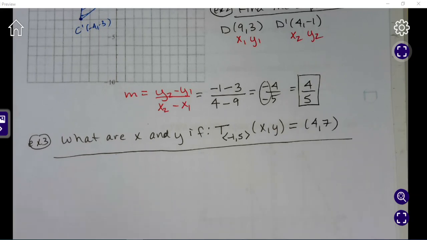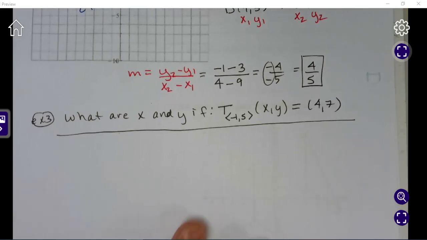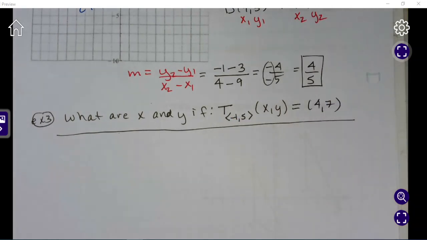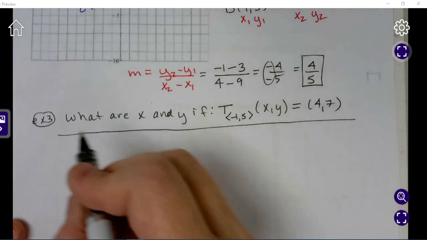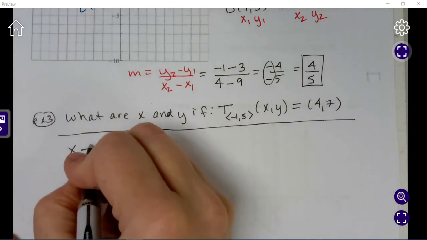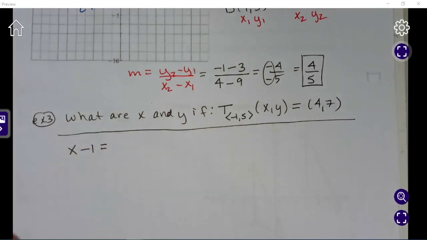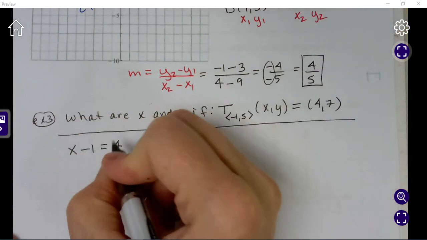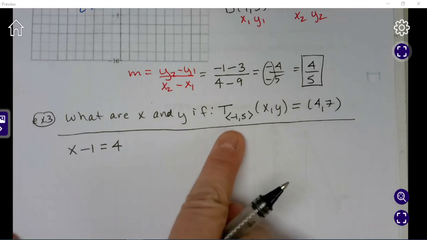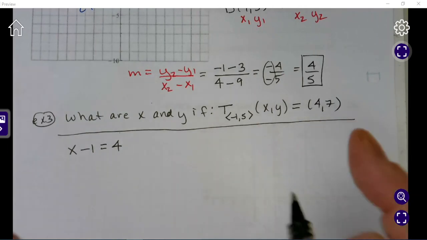Okay, so what you want to do for this is pretend that you're actually using the left side to find the resulting point. So what would you do if you were using the left side to find the resulting point? You would say, take my x point, and the vector says -1, and the result would be, in this case, a 4. So original unknown point x -1 resulted in a 4.